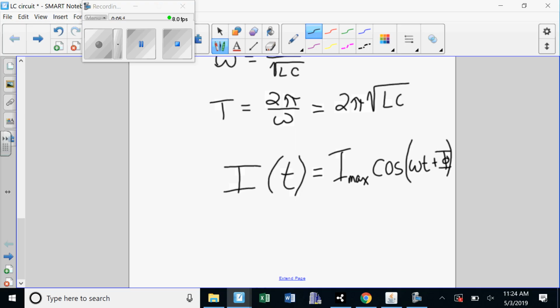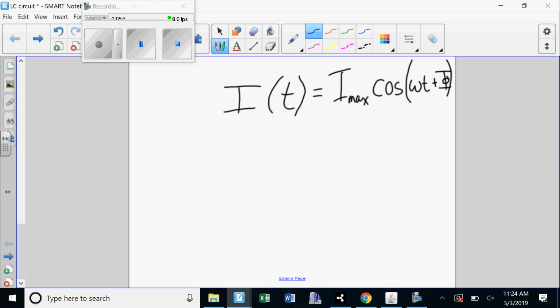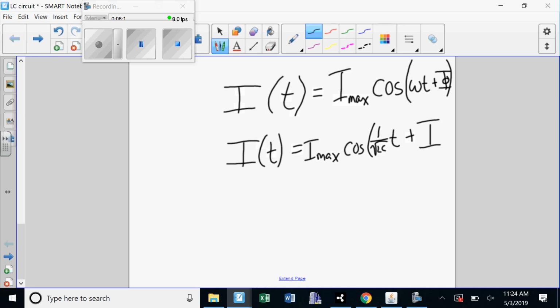But remember, from that second order differential equation, we identified what omega is. So this current as a function of time is just I max times the cosine of 1 over the square root of LC times t plus phi.